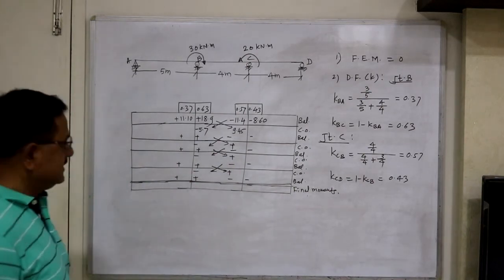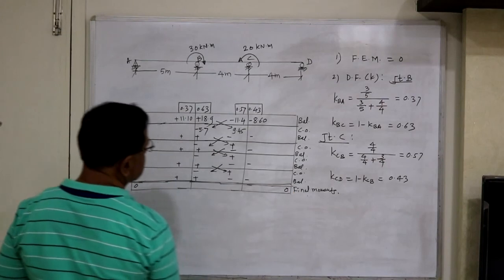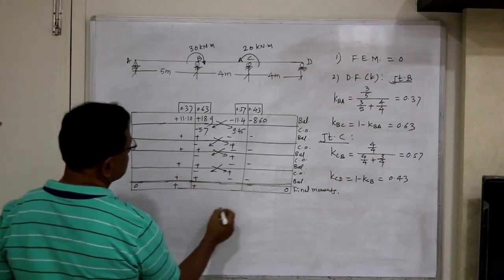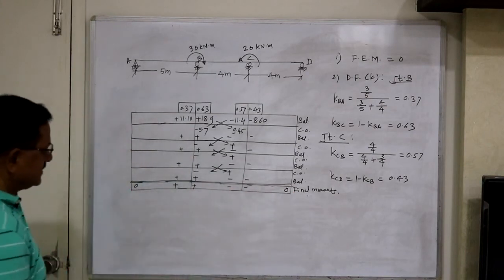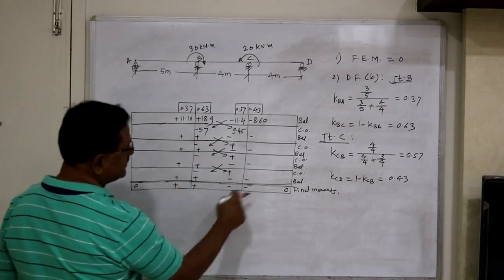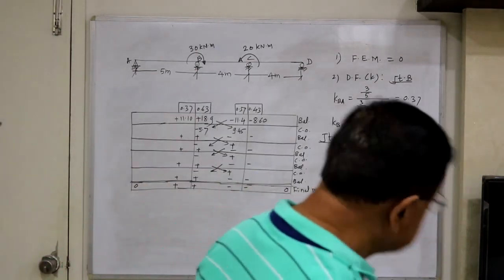And what you will get: here it is 0 because of the hinge, here also it is 0. Here both ends you will get positive, positive. Here you will get minus, minus. But the sum of these two must be 30 clockwise and the sum of these two must be 20. So that must be satisfied.